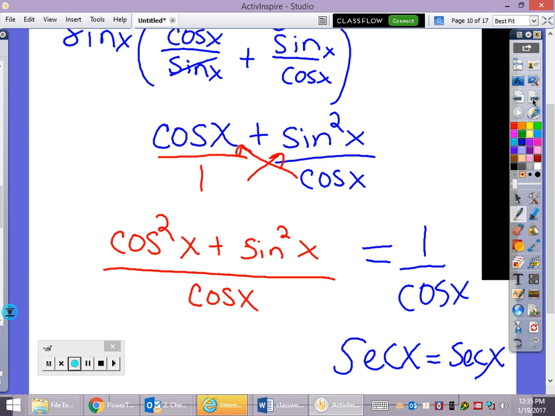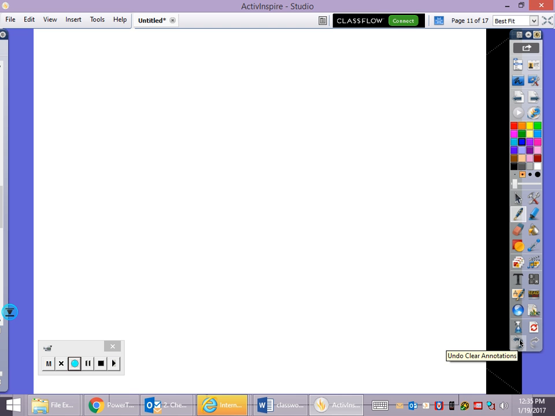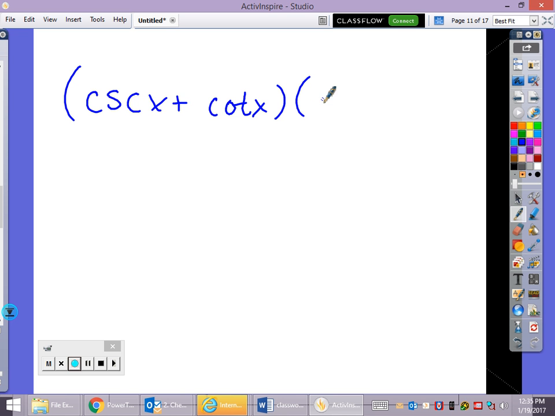Okay, next problem, final problem for today, says, now this one's a little bit different. Okay, so, normally I would say put everything in cosine and sine.